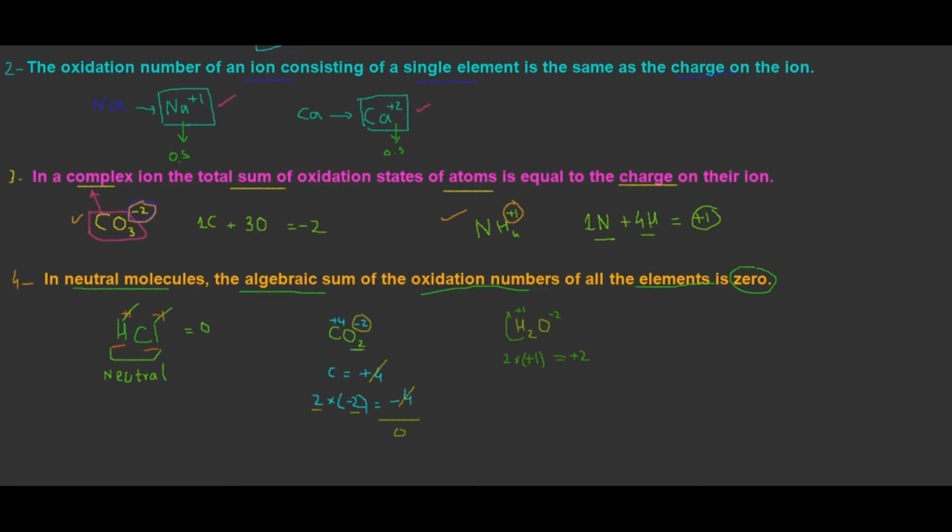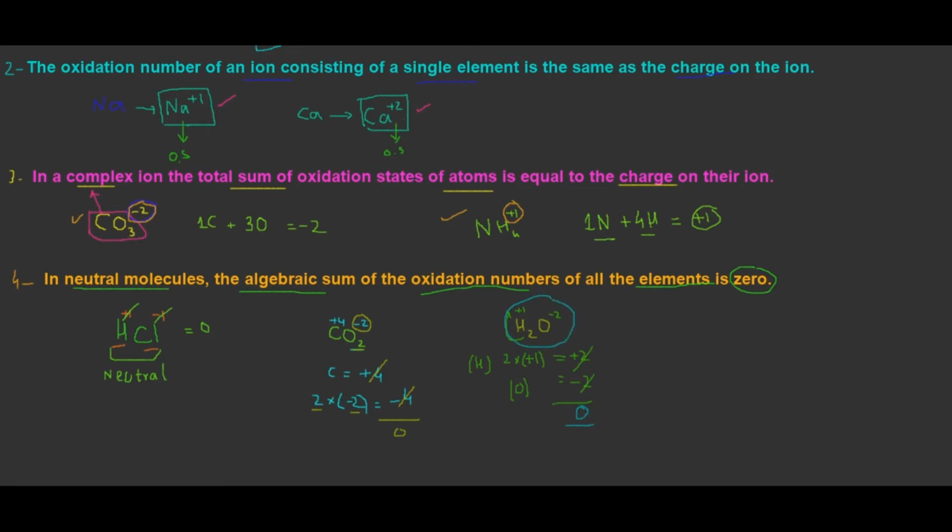This is for hydrogen, and for oxygen you have minus 2 charge. So plus 2 minus 2, what will you get? You will get 0 as the algebraic sum. So it means that water molecule as a whole is neutral in nature.